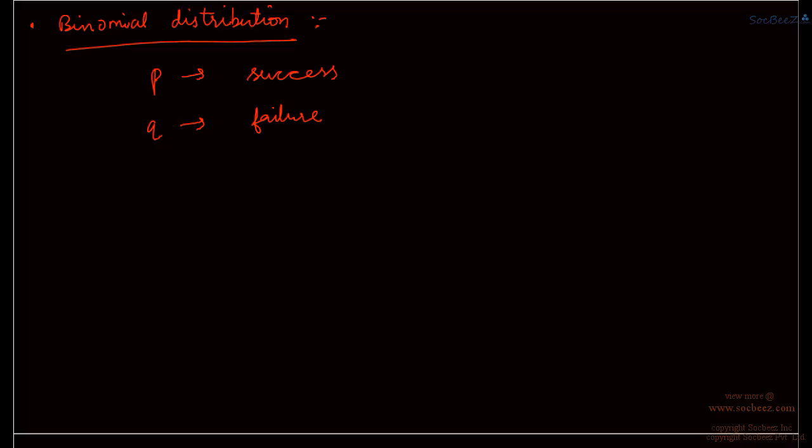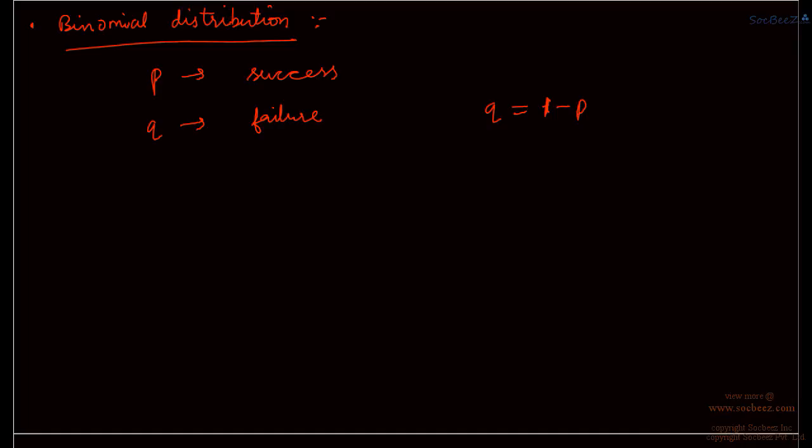Obviously, Q is a mutually exclusive event, and Q is 1 minus P; Q denotes that the event important to me does not occur.